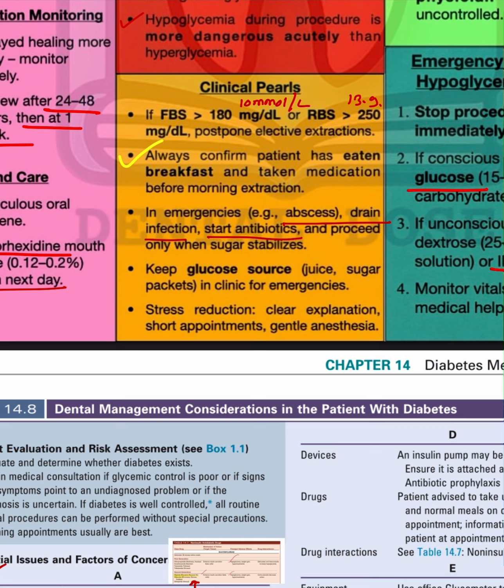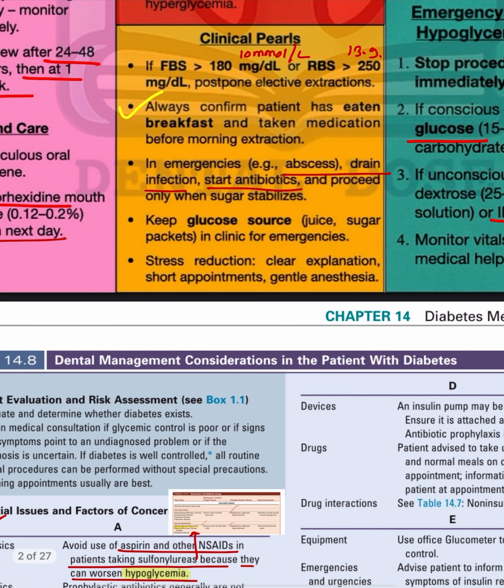If it is an emergency like an abscess, first the infection should be drained, antibiotics should be started, and proceed only when the sugar level is stabilized. Before starting extraction, we must confirm that the patient has taken his meal and medication. And in our dental chamber, a ready glucose source should be available, like juice or sugar packets, in case of emergency.